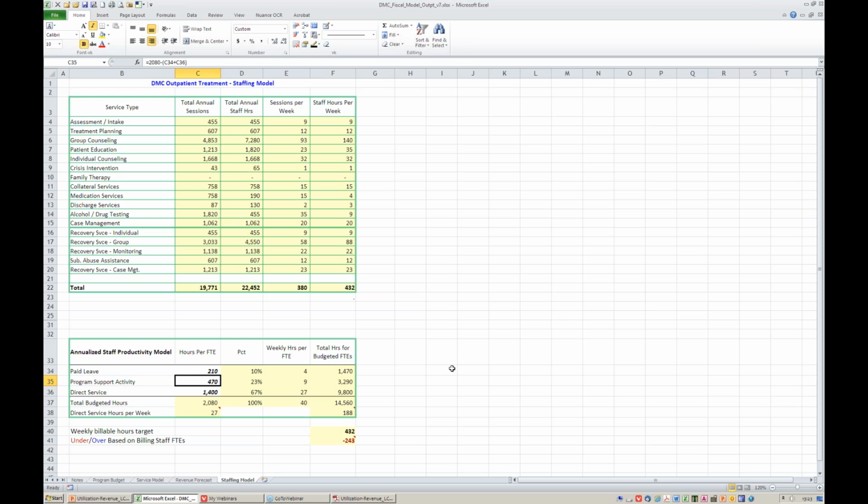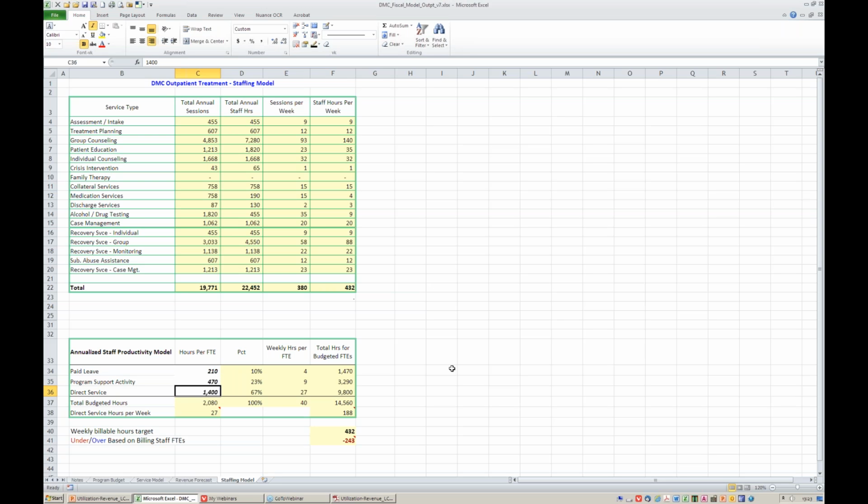That's a broad term for any non-billable activity. So staff meetings, charting, training, no-shows, clinical supervision, et cetera, et cetera.